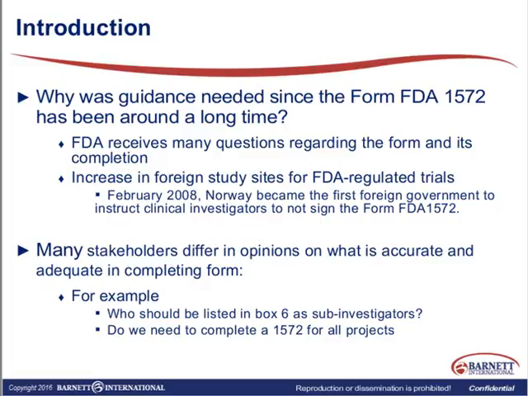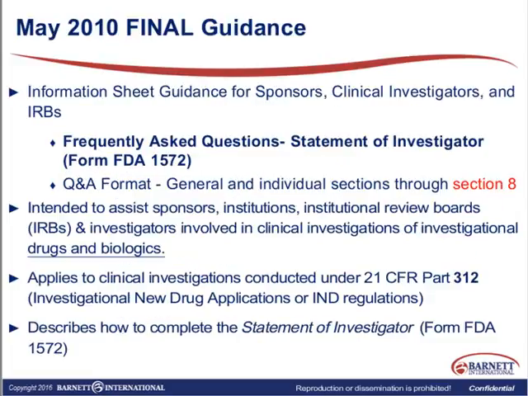For example, on the form itself in box number 6, there's a question, well, who should be listed as a sub-investigator? And also, do we always need to complete a 1572 for all of our clinical trials? We're going to talk a little bit about when you do and when you do not use the Form FDA 1572.